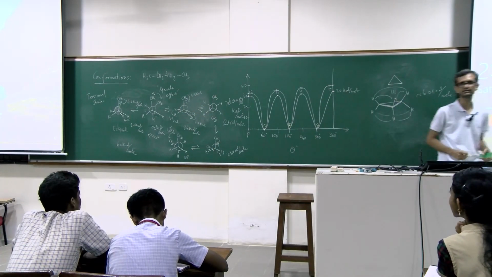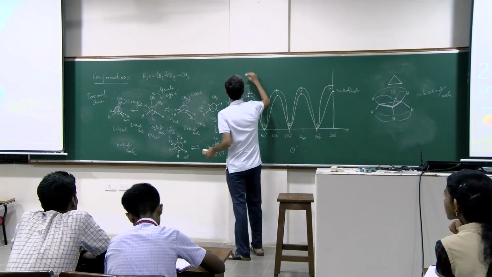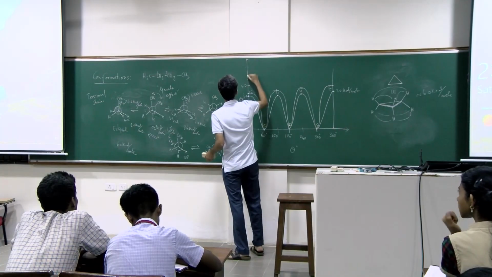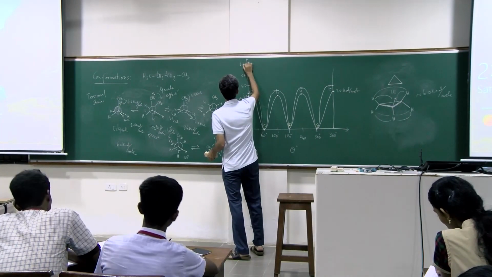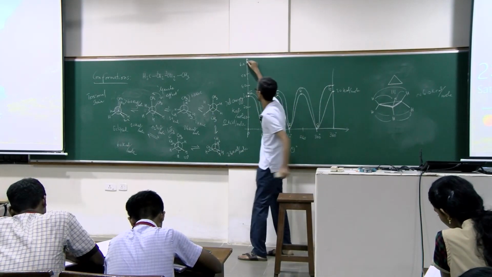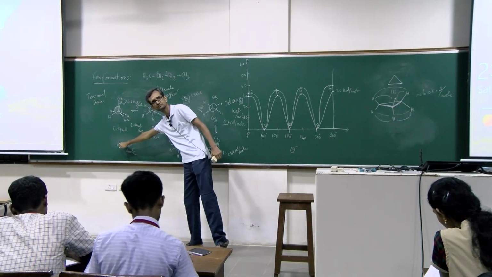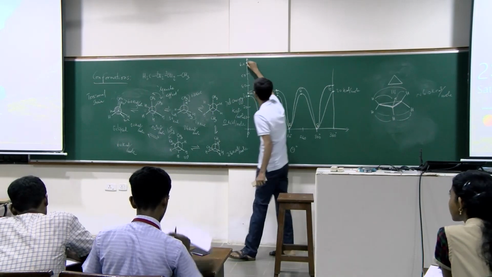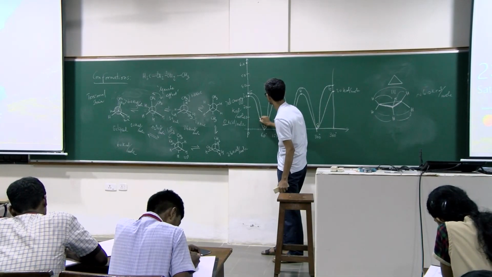If you plotted, how would it look like? It starts with, say, 5, 6, right? So the highest energy starts from here, which is the eclipsed conformation, right? So then it comes to 0.9. So let's say we make a mark here.